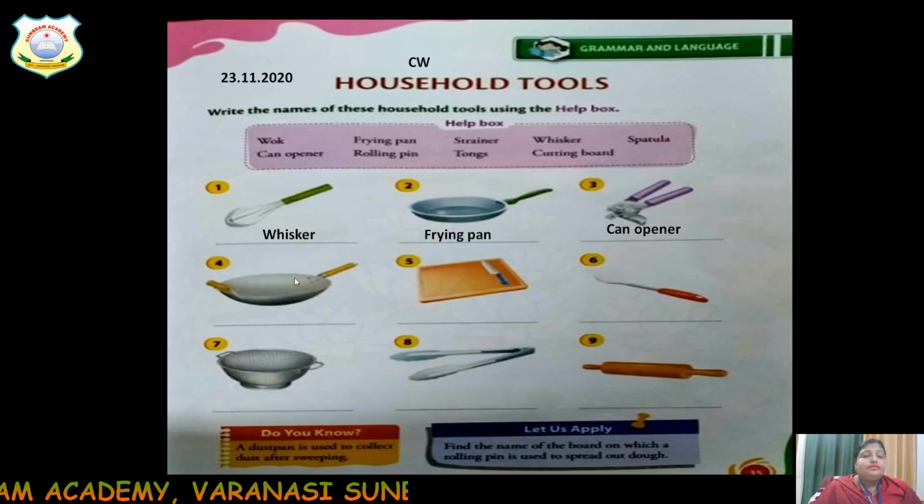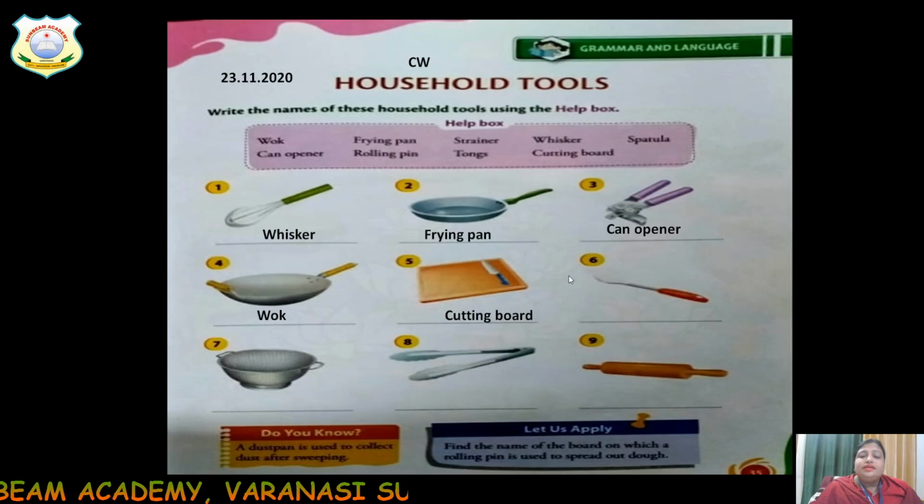Now next, what is this? Wok. In this wok, many types of dishes can be cooked. Now what is this? This is cutting board. This is used for cutting and chopping different vegetables.